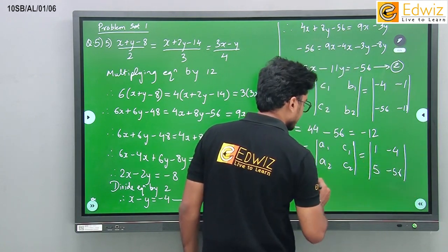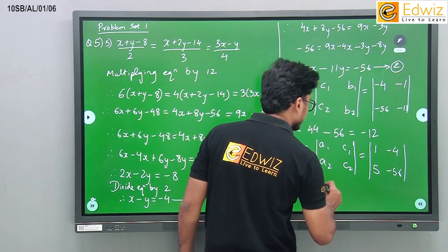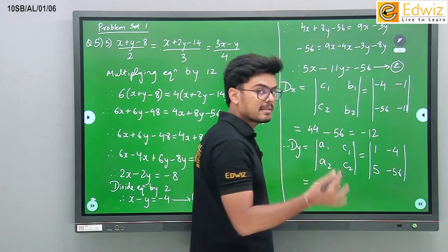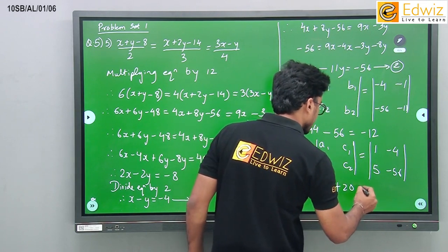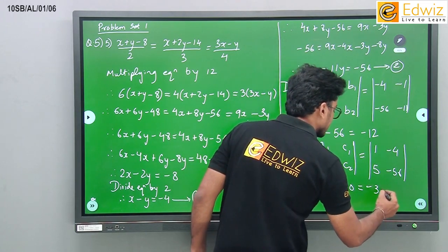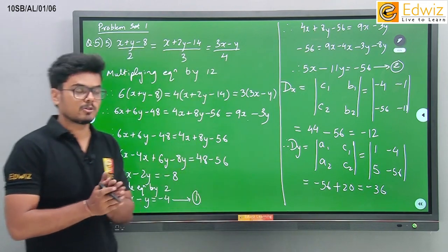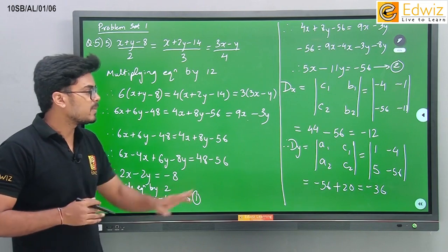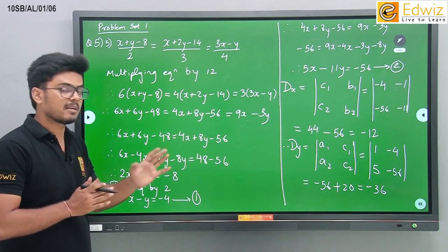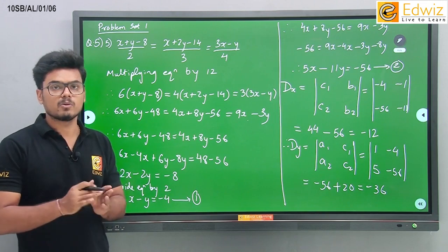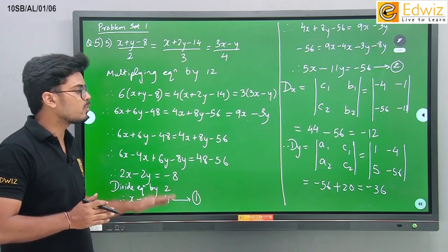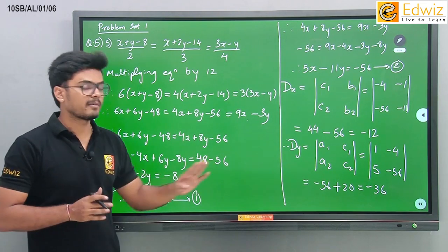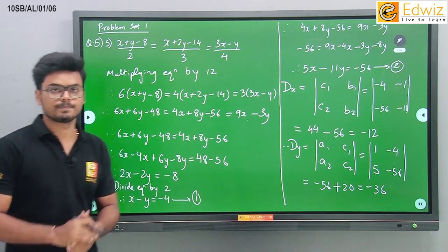Again, cross multiply this, that is 1 into -56 minus, and -4 into 5 will be -20, that means positive 20, that is equal to -36. Okay, so we have the value of dx and dy. So till here the question is only complete where dx and dy are the values that we have. d find out करना पड़ेगा, उसके बाद x और y का value मिलेगा. So I want you to note this down till here, then we'll move on to the next page. So take 4 minutes, then we'll move on to the next page.